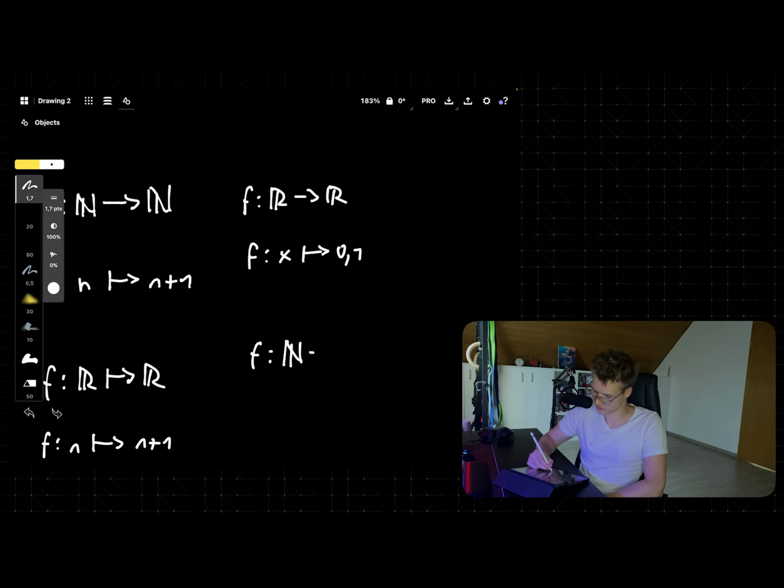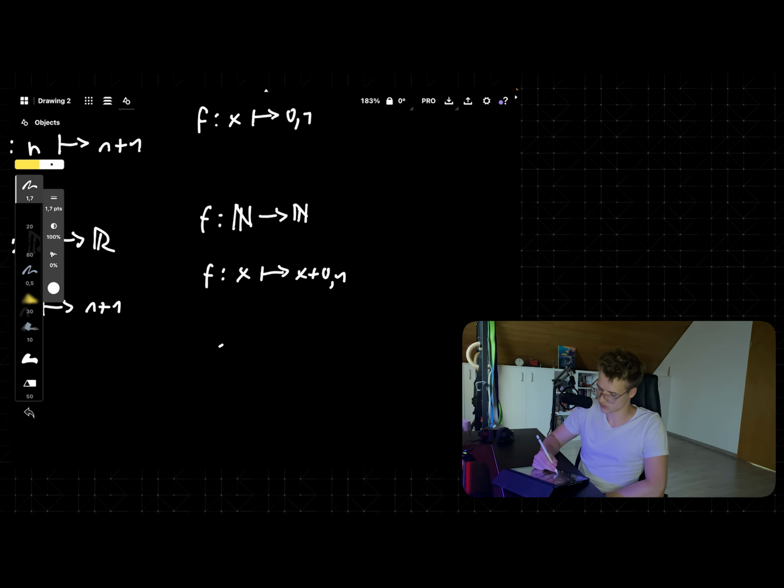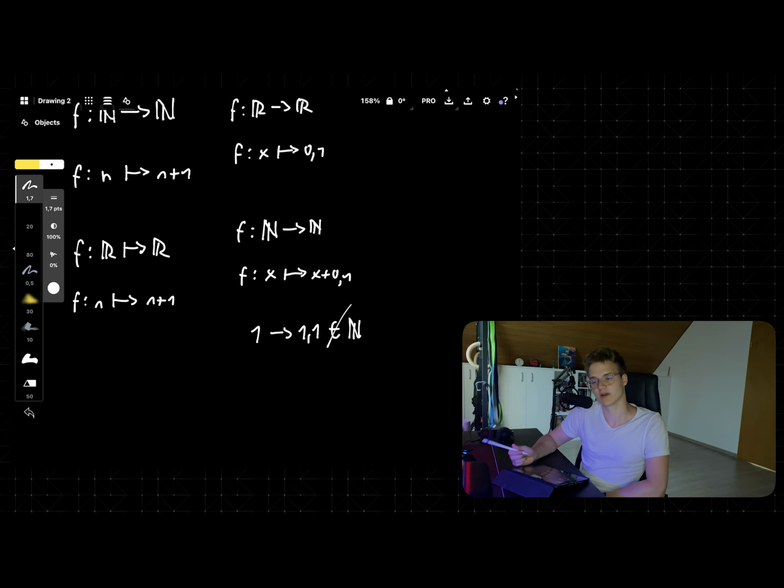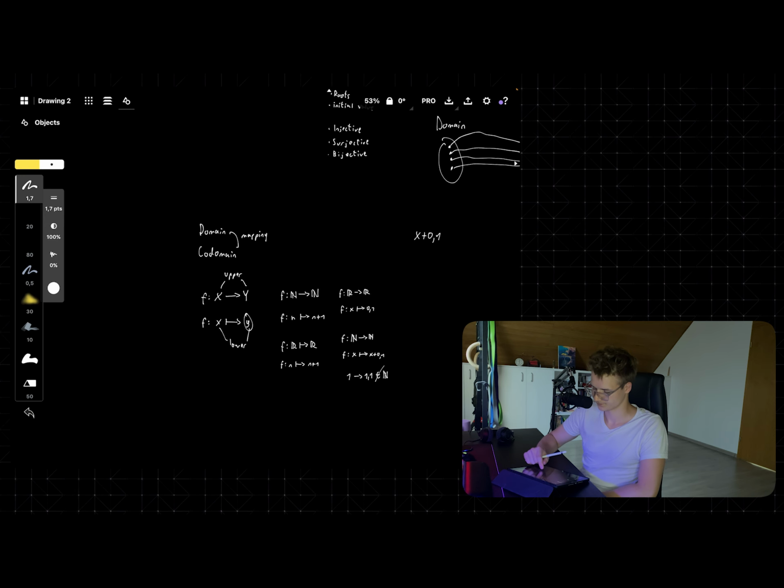So we take x and we say x plus 0.1. Well, if I insert 1, it will become 1.1. But 1.1 does not belong in the codomain, which is N. So this cannot be a valid function. So that's something to know.